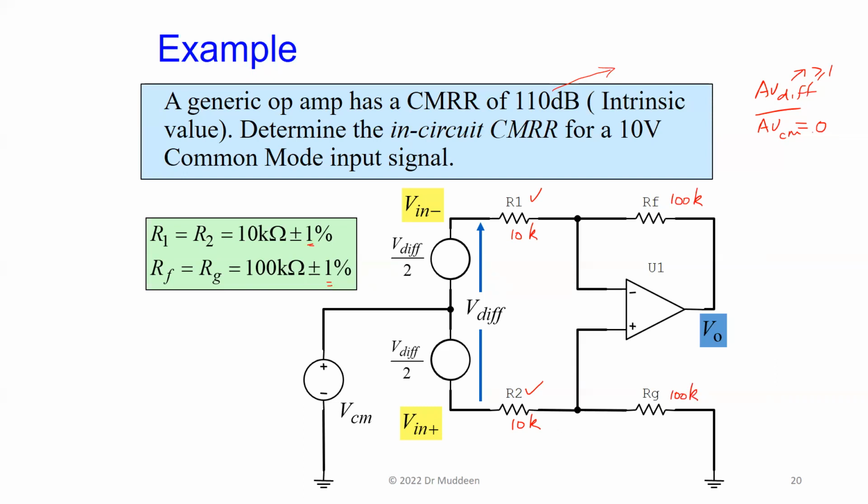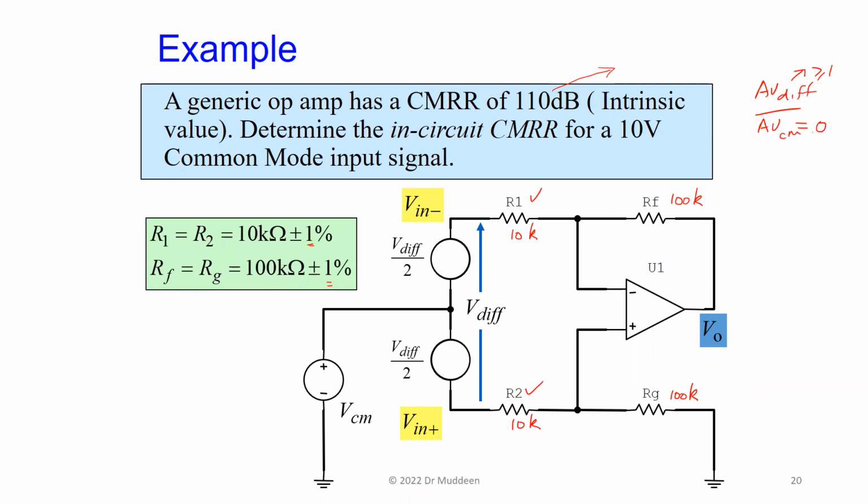So under normal conditions, if it wasn't for the tolerance, if I assume that the resistors were exactly 10K and 100K respectively, what is AV diff for this circuit? The resistors are matching. I'm just looking at the values.